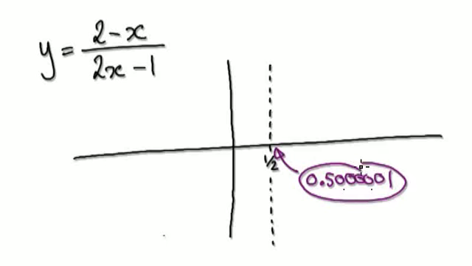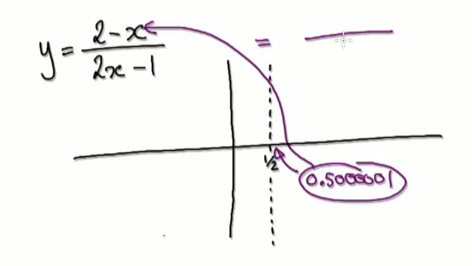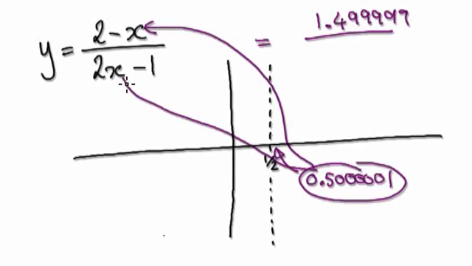Let's just say 0.5000001. Put this number into here. So that would then become 1.4999999 whatever, and then put this into here. This number here will be slightly bigger than 1. Slightly bigger than 1, take away 1, then it's going to be a very tiny number, 0.00000 whatever.